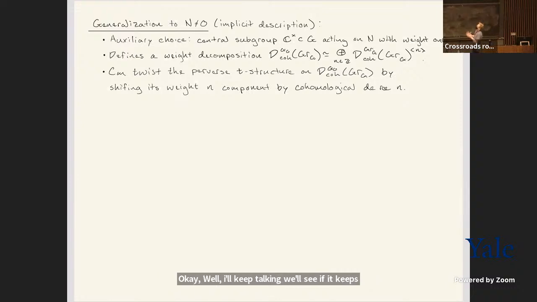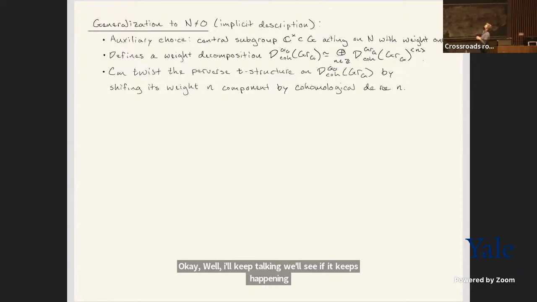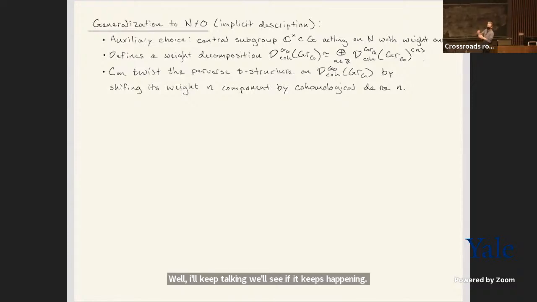So I have a block decomposition now of this derived category according to the weight by which C^* acts on a coherent sheaf. And this block decomposition lets me define a twisted version of this perverse t-structure.